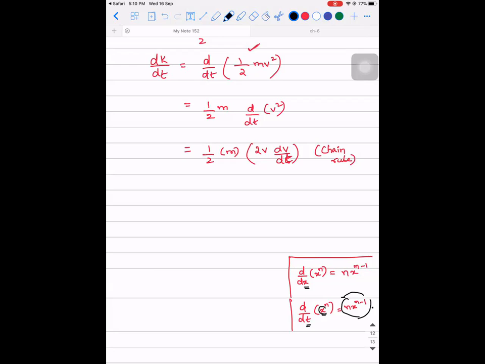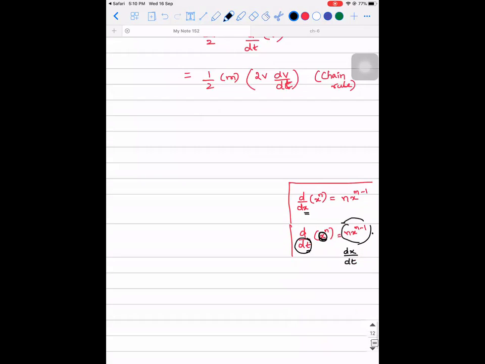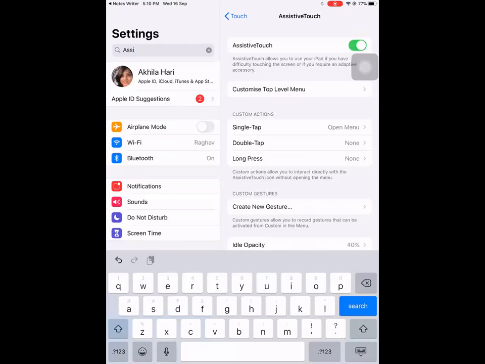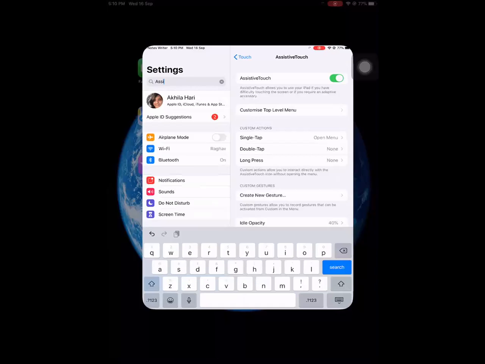You need to look at the variable for which you're differentiating. So what is the variable? x, with respect to whom? With respect to time. So what you need to do is n into x power n minus 1 into dx divided by dt. This method is called the chain rule.